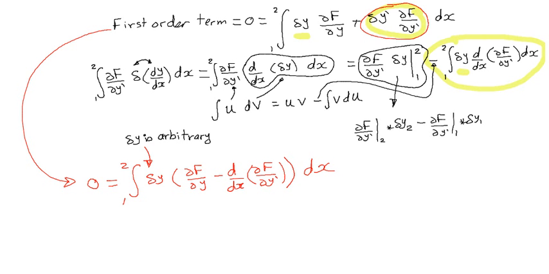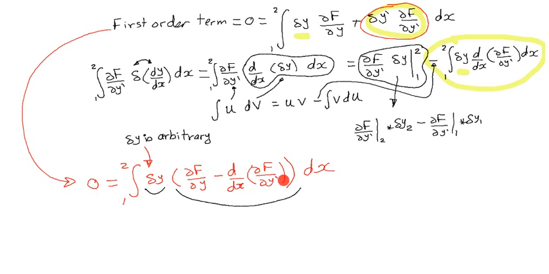So this integrand now consists of two parts. The first part is arbitrary. Arbitrary means it can take many values. It means that it's impossible to make delta y responsible for this 0. If it takes by coincidence the value of 0, which is a single value from the many values it can take, then this will be 0.